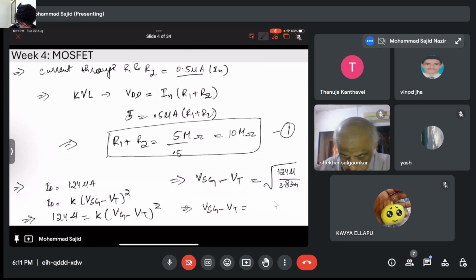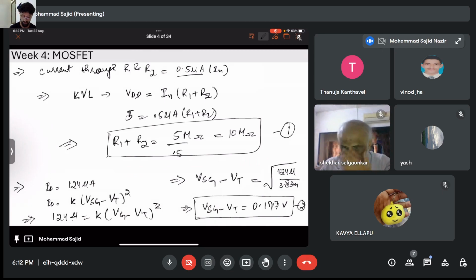That comes out to be 0.179, and the unit is volt. This is another piece of information I got from this equation. Okay, let's keep it as it is for now.